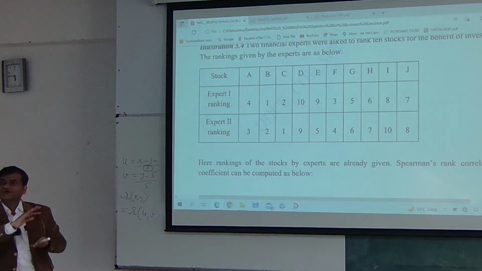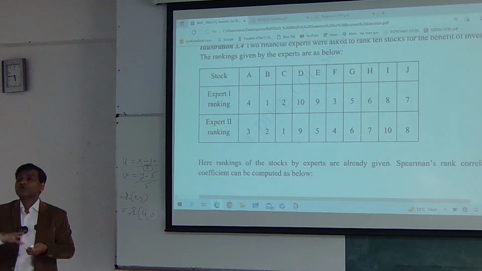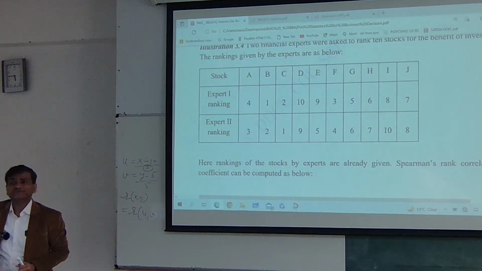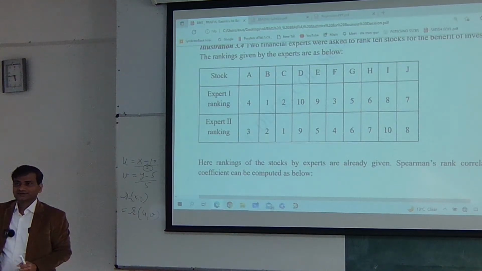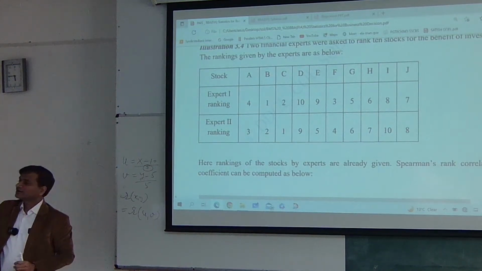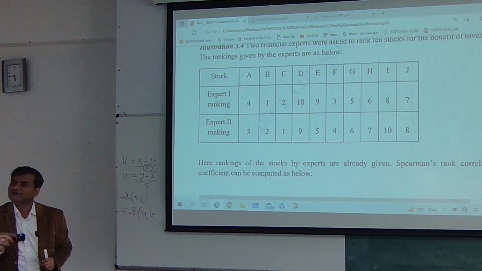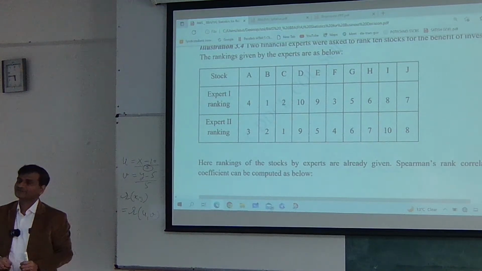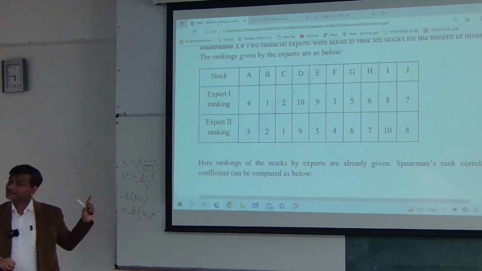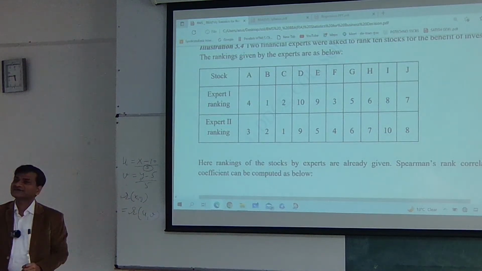Now I want to find whether there is any relationship between the opinions given by the two experts. I cannot use the Pearson's correlation coefficient formula here. If you use that, it will be wrong, because this data is in the form of ranks.